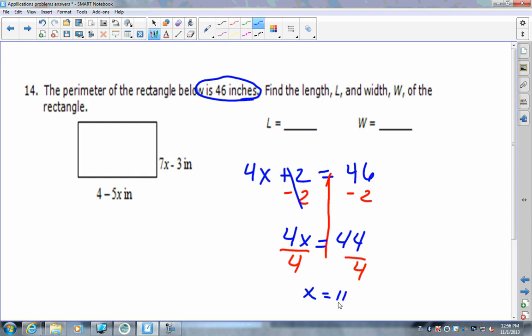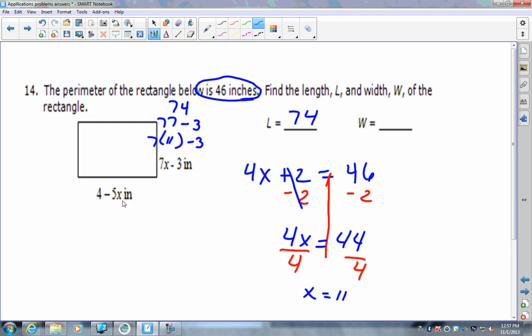It says x is 11. So I have 7 times 11 minus 3. 7 times 11 is 77. 77 minus 3, 74. Now, it doesn't really matter which one you choose to be length or width. You just have to put them in one of them. So I'll put 74.